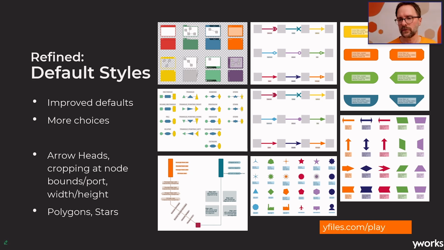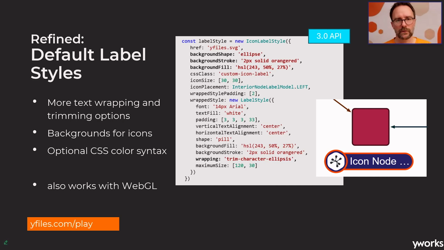It's also much easier now to use custom polygons or stars. So these are now just a single line of configuration if you want your 37-pointed star shape. So many more default choices for the out-of-the-box experience.